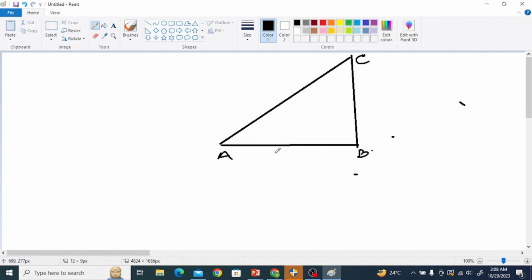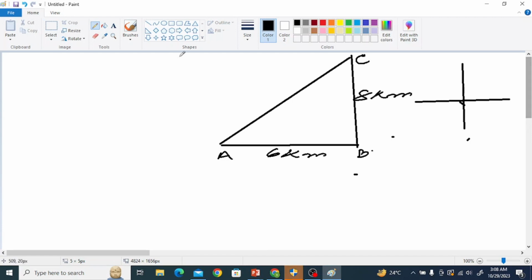If it is 6 kilometer due east and this is 8 kilometer due north, remember that for the frame of reference we have to show east, west, north and south.